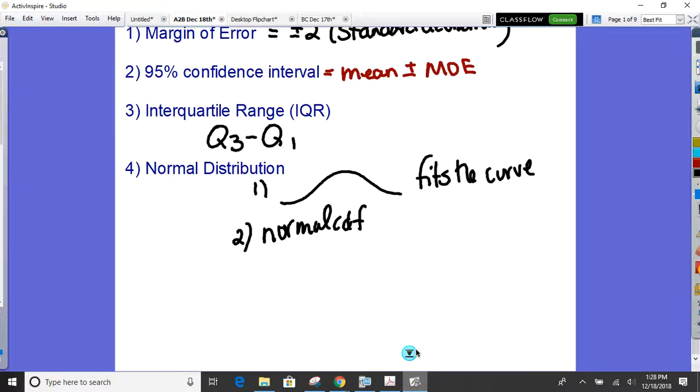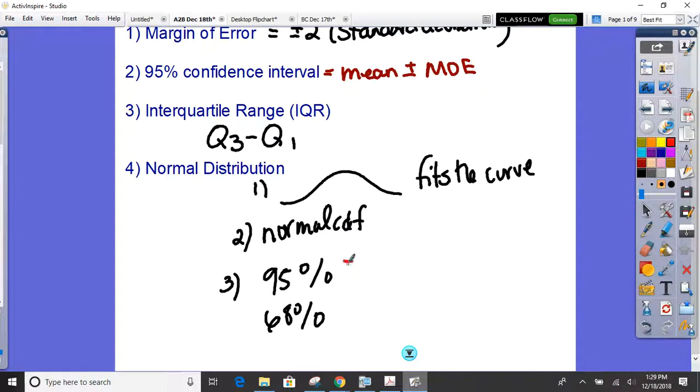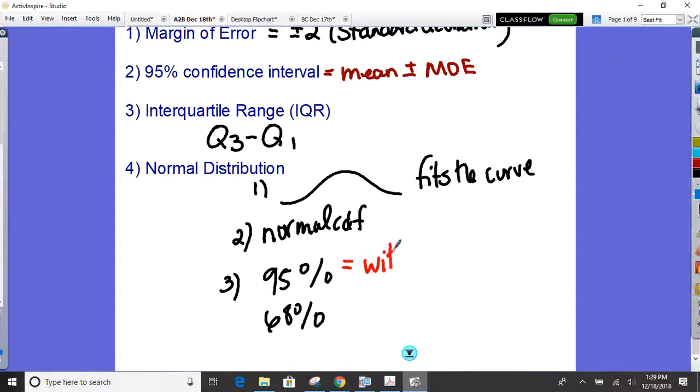And the other thing I would definitely remember going into tomorrow is what that represents: 95 and 68. 95 is within 2. Do you see the relationship? 95% confidence interval, that's within 2 standard deviations.